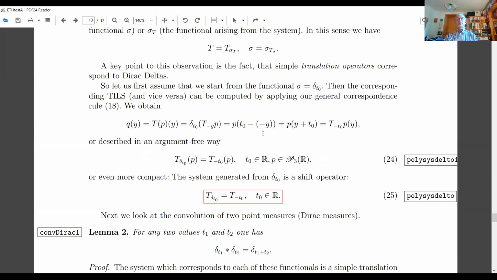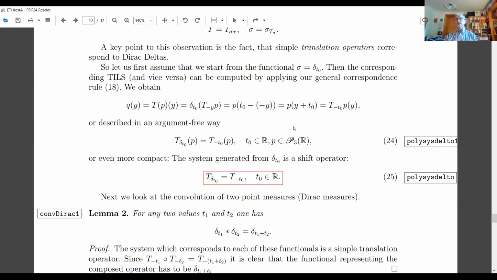Now a little bit of the same kind, and I skip the details here because you have them: what if I take not the Dirac delta at 0 but at t0? That's the point evaluation at some point. So you see here the point evaluation is the delta at t0, or the Dirac moved to delta t0. And then with the same kind of arguments, you find out that the system introduced by the delta at t is just a shift.